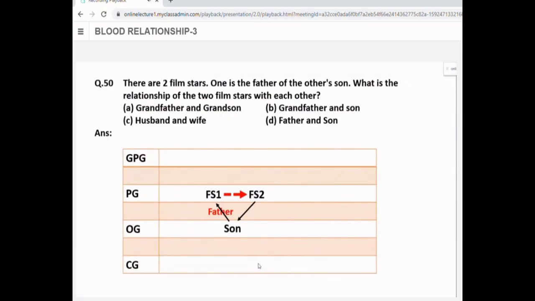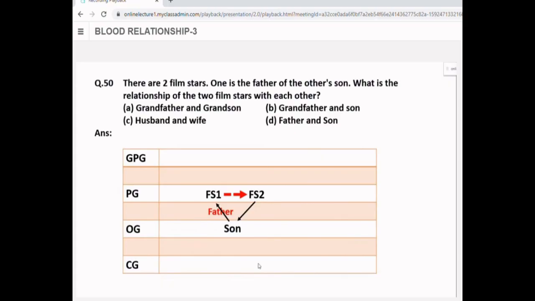FS2 son and FS1 is the father. What is common? Son is common. FS2's son and son ka father is FS1. So what is the relationship between FS1 and FS2?